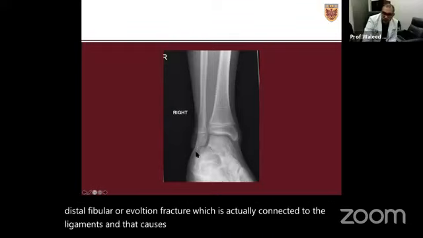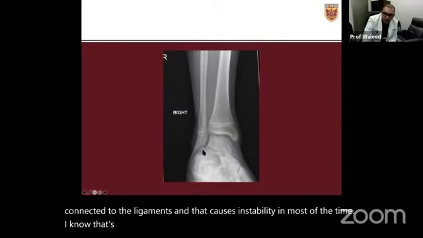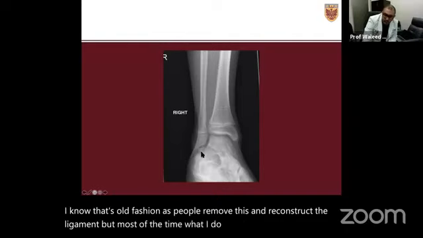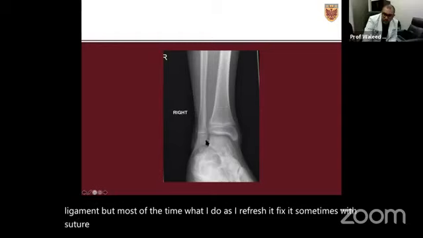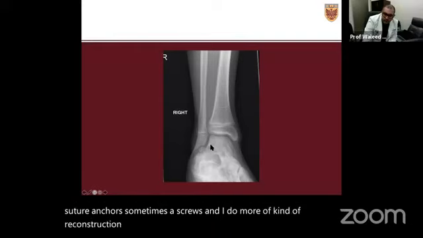The old fashion is that people remove this and reconstruct the ligament, but most of the time what I do is refresh it and fix it, sometimes with suture anchors, sometimes with screws, and I do more reconstruction of the ligament on top of this with more plication.